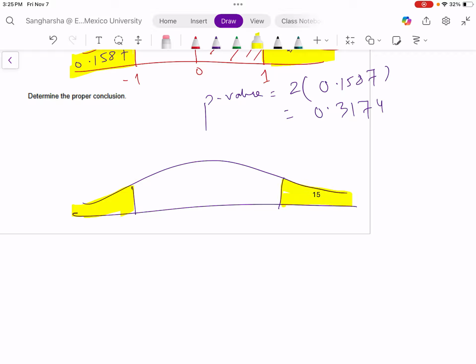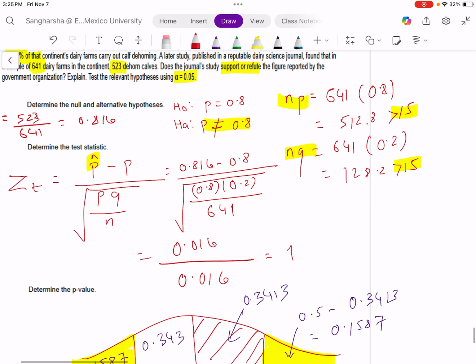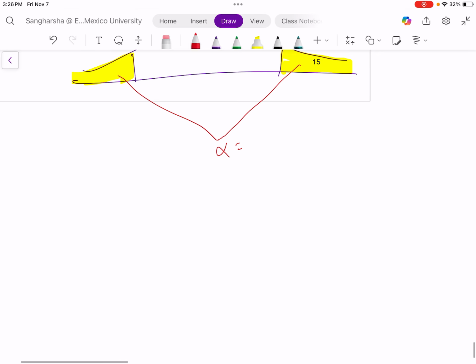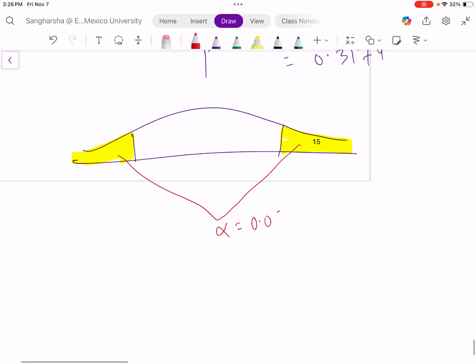The sum of these two areas is alpha, which is 0.05, so each one is half of 0.05, which is 0.025.